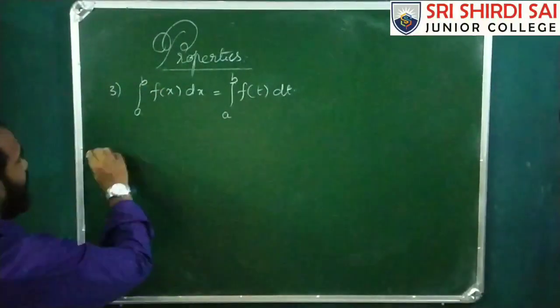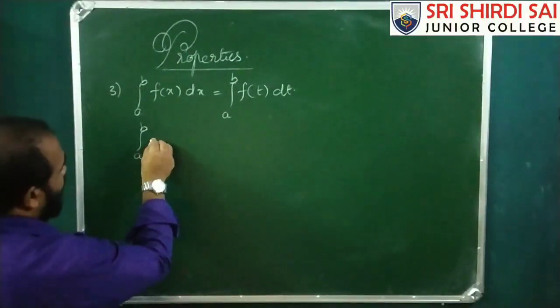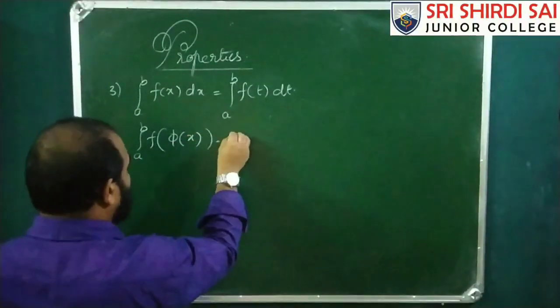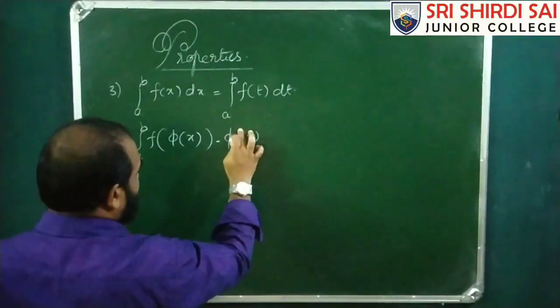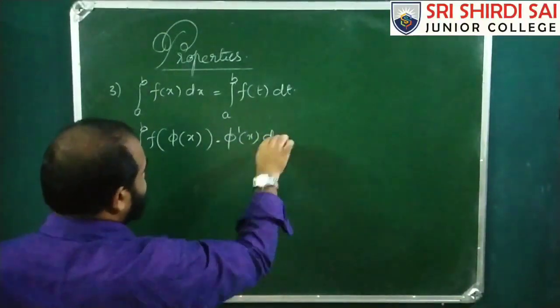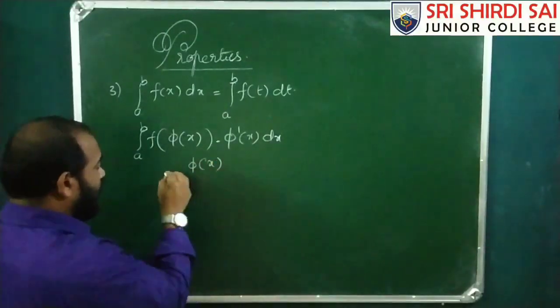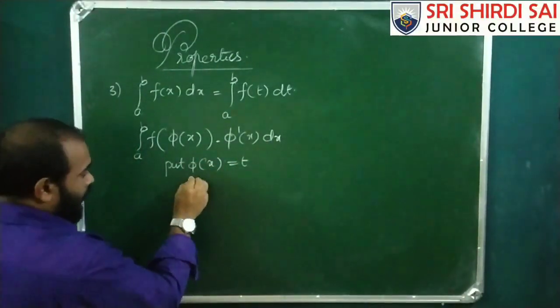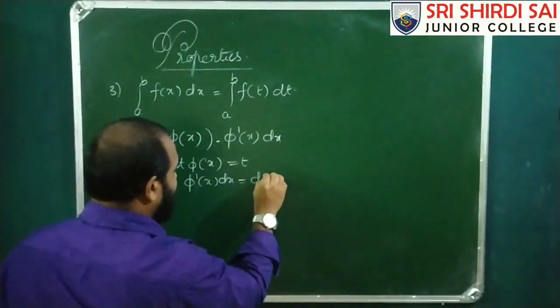That is why if you take integral a to b of f of phi of x into phi dash x dx, put phi of x equal to t, then phi dash x dx is equal to dt.